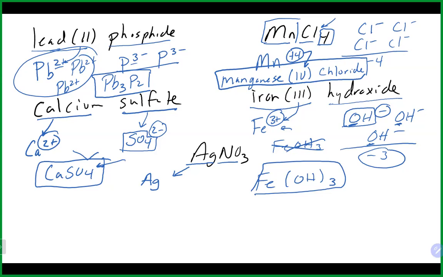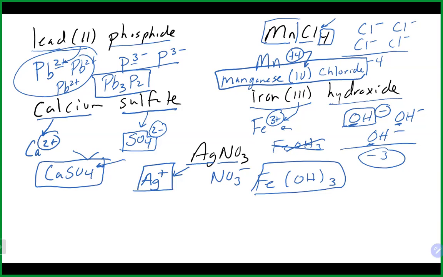So those 3 transition metals, although they're transition metals, do have a fixed charge. In this case, the silver has +1. Nitrate is NO3-.